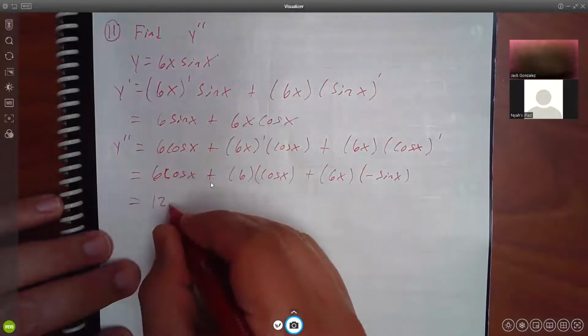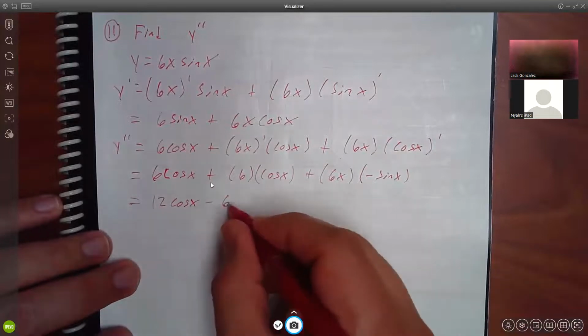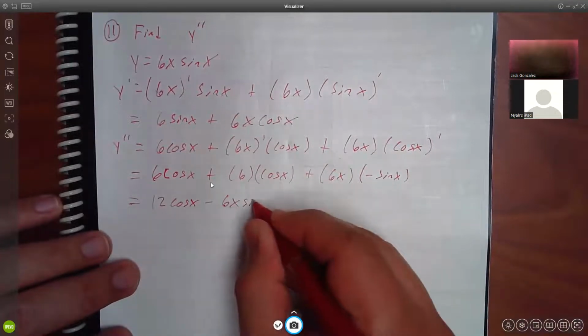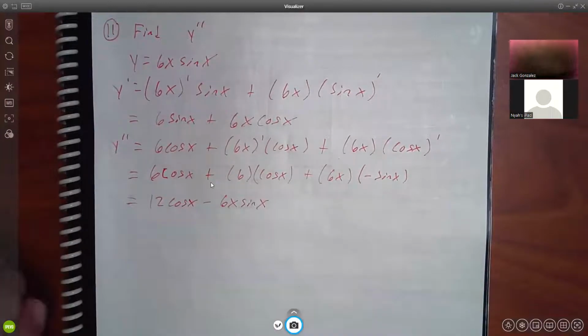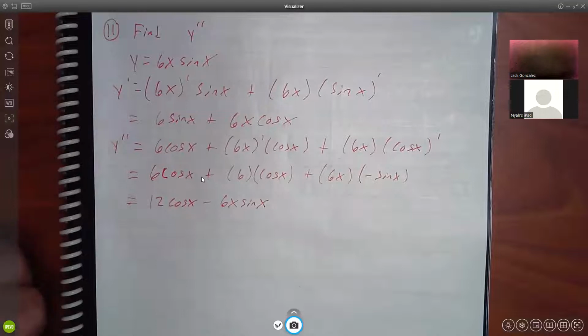That is 12 cosine, minus 6x sine. This will be the second derivative. So they're just following the formula.